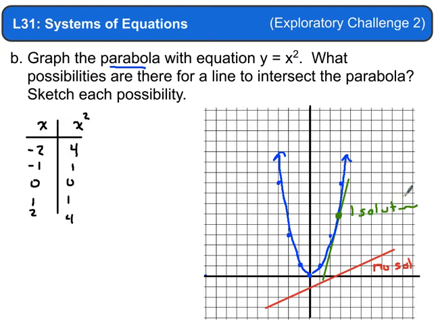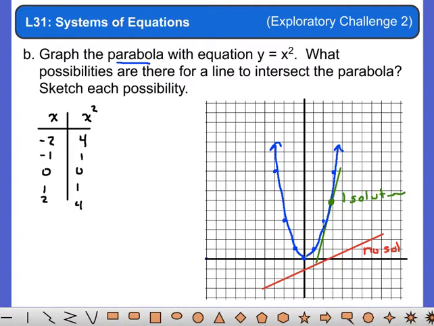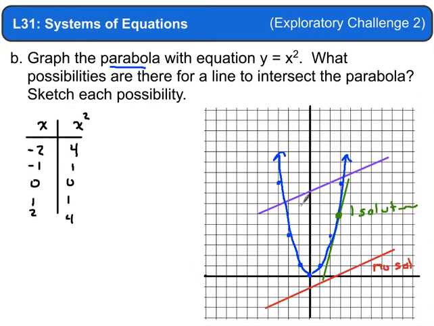There's also the possibility that I could draw a line and it could intersect that parabola in two locations. So if we did that, it would intersect here, or it would intersect here. And then again, we would call that a two-solution possibility.